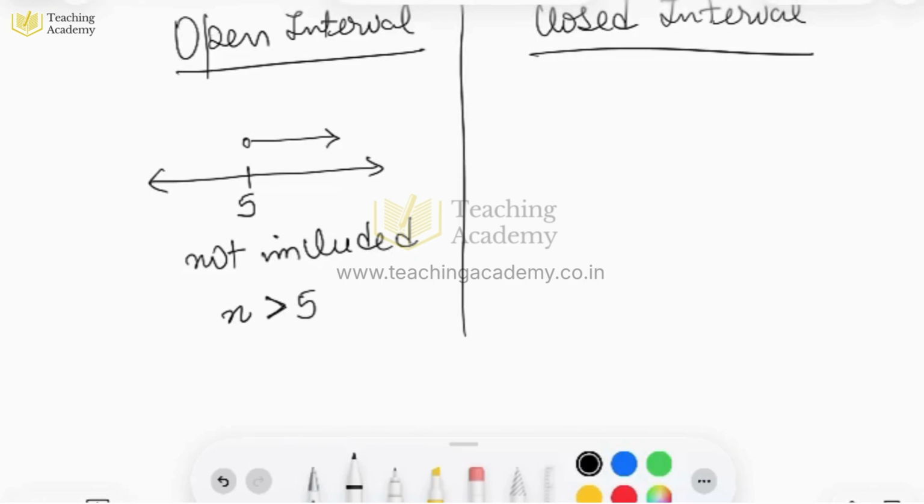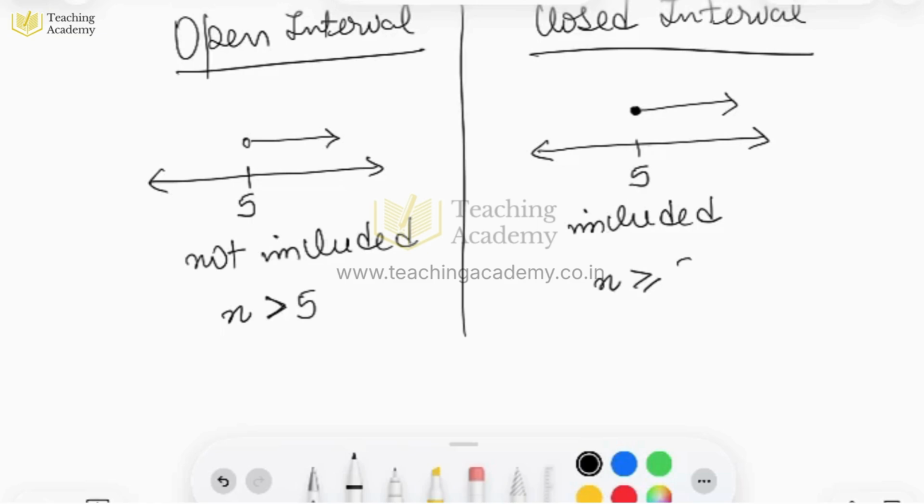And if instead of this, I'm going to closed interval, I'm marking the same point here and marking a filled in circle here and putting the same thing here in the right direction, so this point is actually included in your solution, which I'm going to write as x should be greater than or equal to 5. So whenever we write an inequality sign, that also means something, that we are counting that point or not.